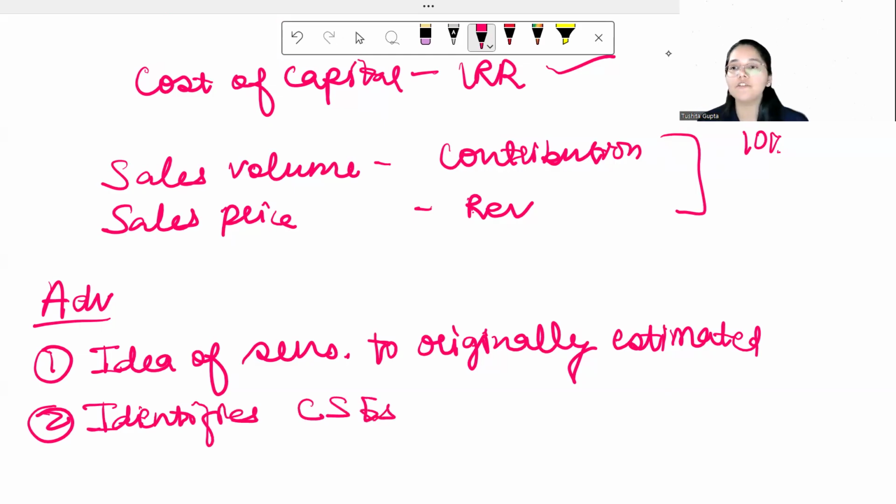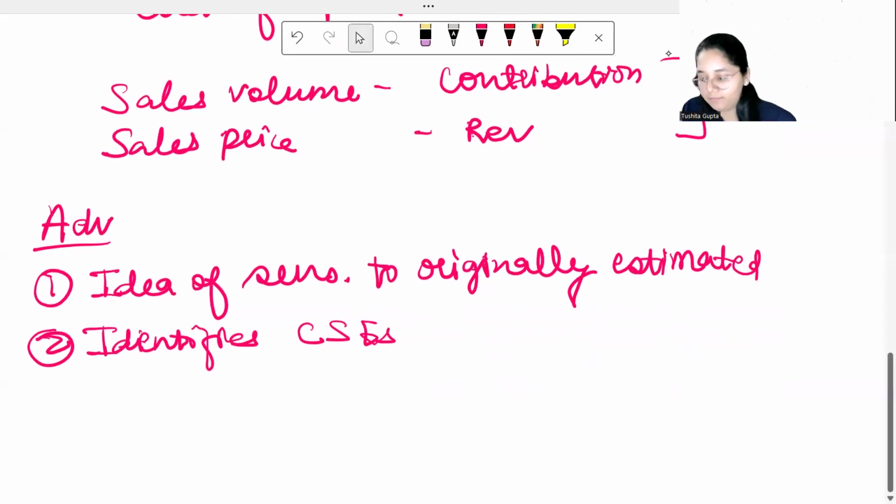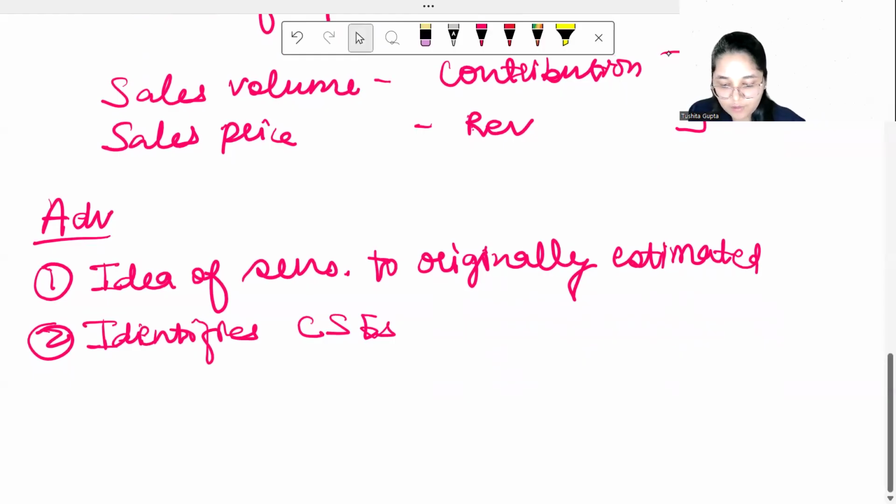What are CSFs? Critical success factors are those areas which are very important for the success of your project. With sensitivity analysis, you will get to know which variables are going to affect the NPV very strongly. Then you will make sure these are identified as key areas, and that you work towards them so that no changes occur there.